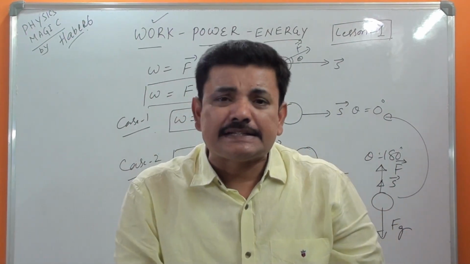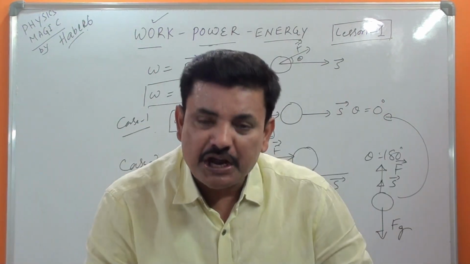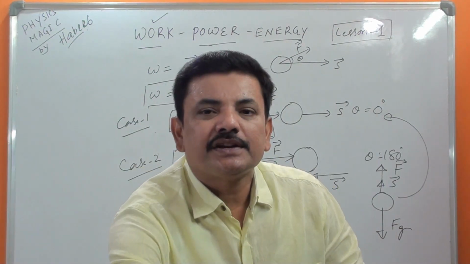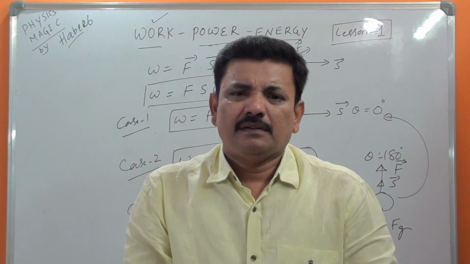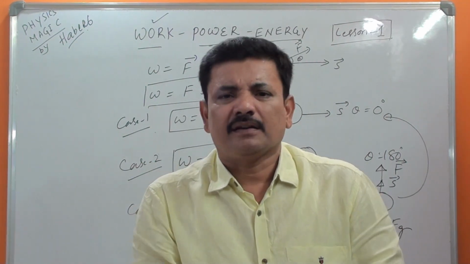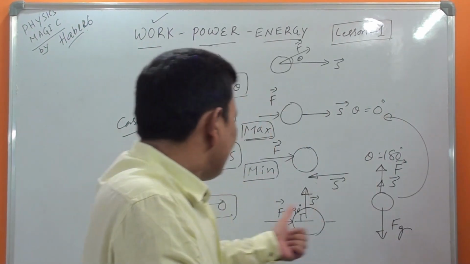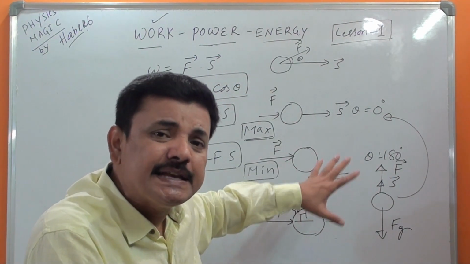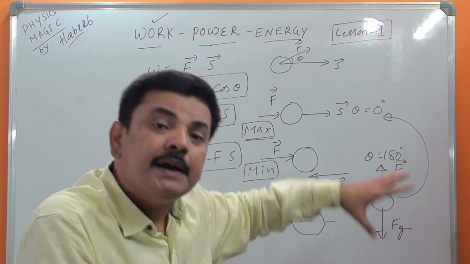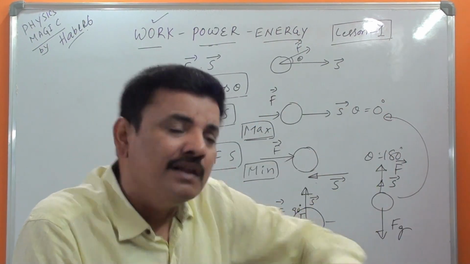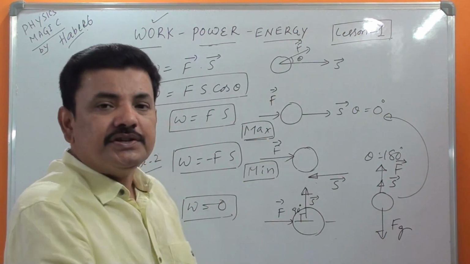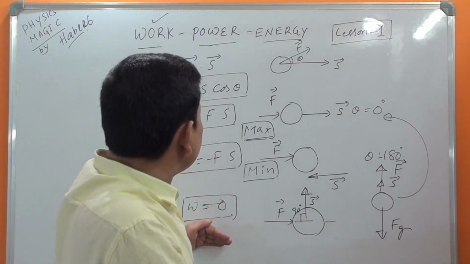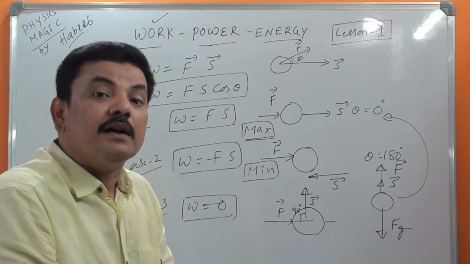Similarly, a lawn roller example you can take. If you push down, but it will go in this direction. Any examples you can take, depends on you. But one thing I want to tell you here, even though force is there, displacement is there, depending on the angle, the work done will change. So these are the 3 important cases we have to remember.